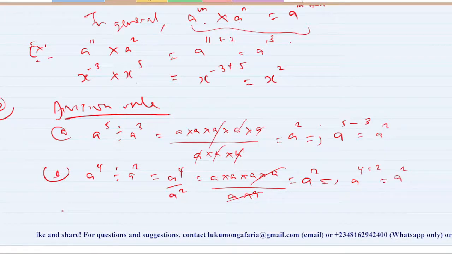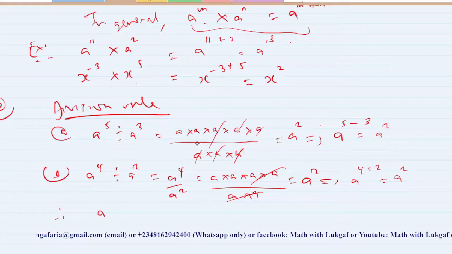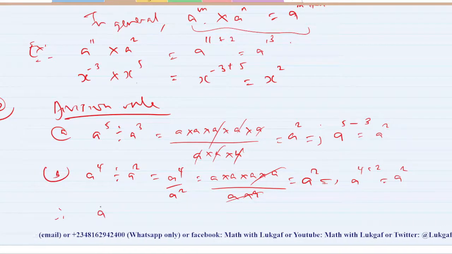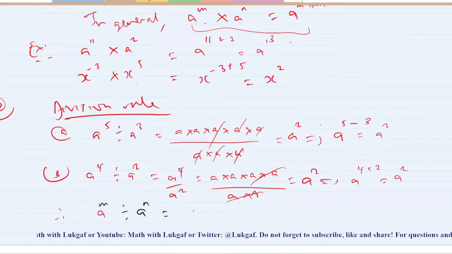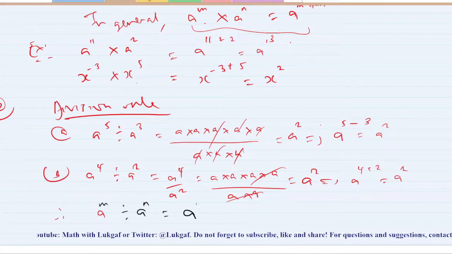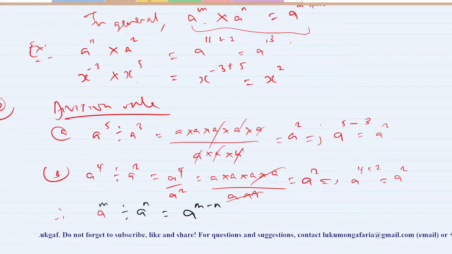So in general, you don't need to stress yourself when you have the same base and different index and you have to divide, just take one of the bases, they are the same actually, then you subtract the index.